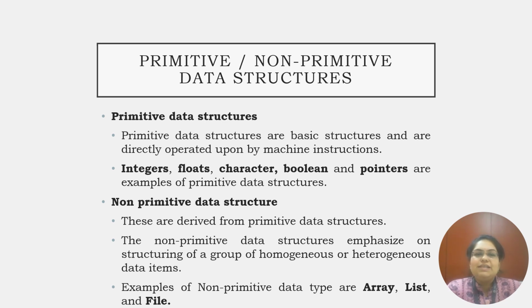Homogeneous means all the data have similar data types, while heterogeneous data can have different data types. Examples can be list or file.